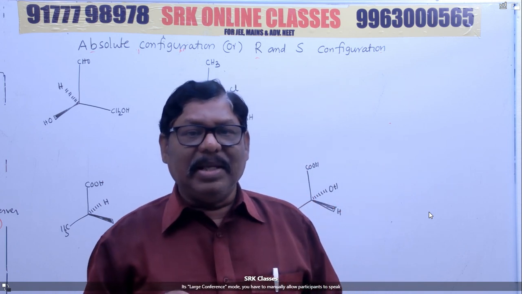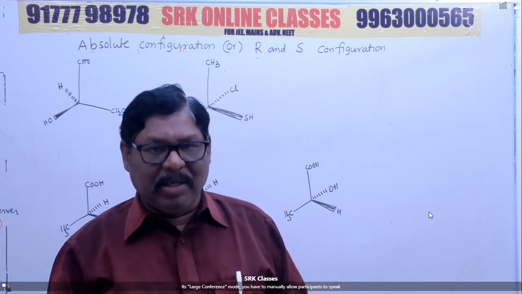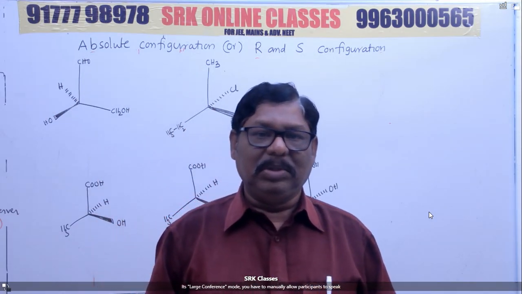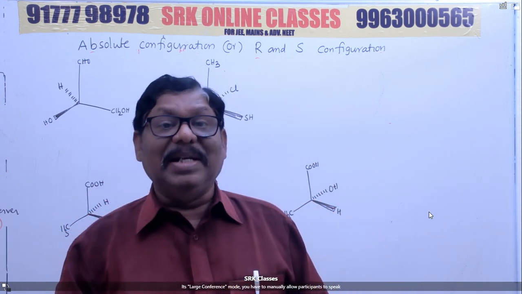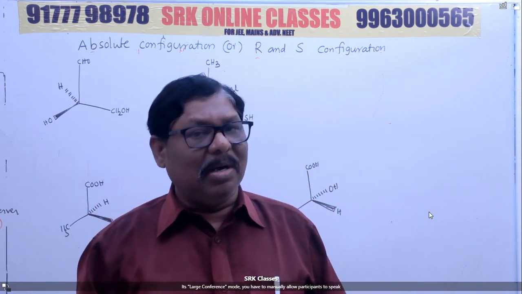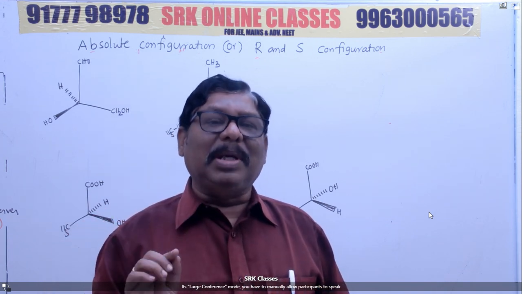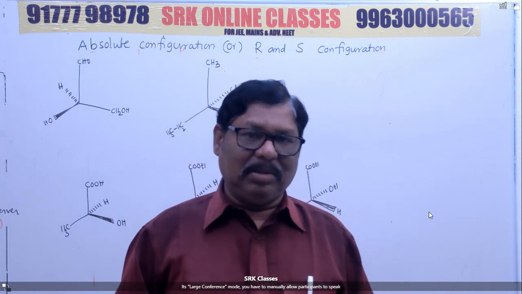Second rule says, if the first atom is not able to decide the priority, consider the second, third, fourth, and so on. Third rule says, in case of isotopes, consider the mass numbers, not atomic number, because in isotopes the atomic number will be the same. Therefore, we consider mass number.